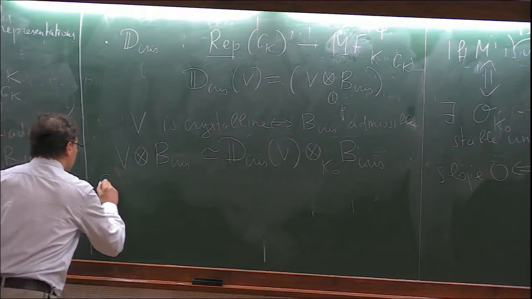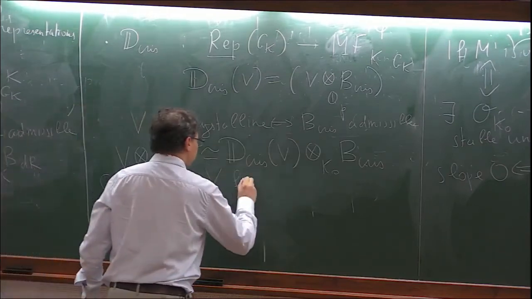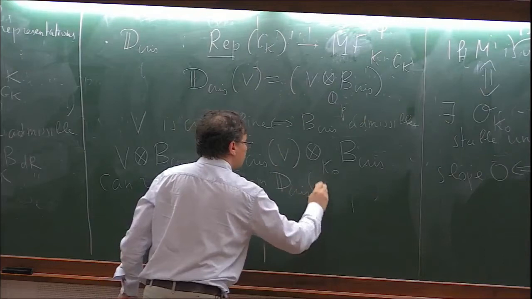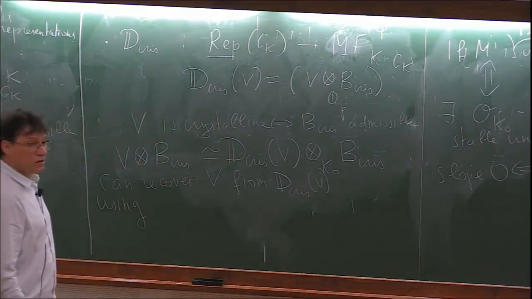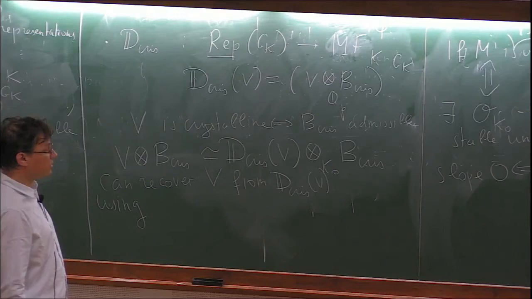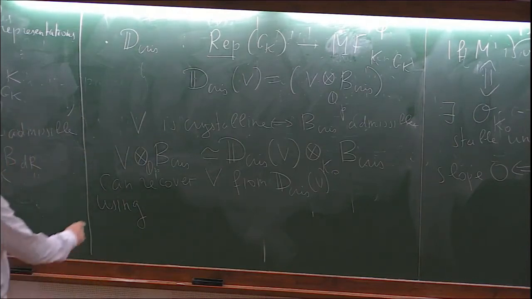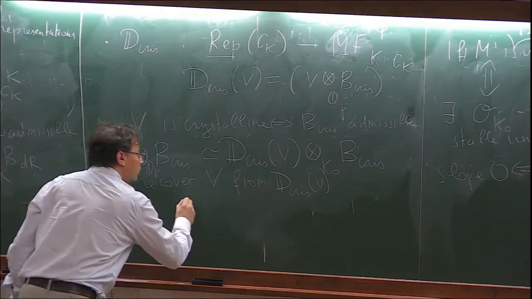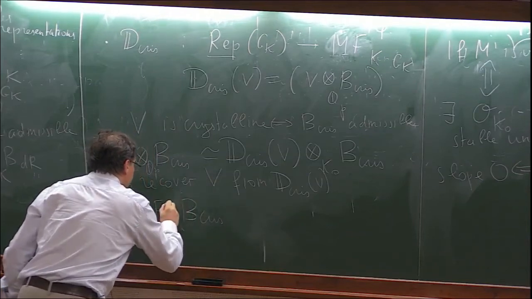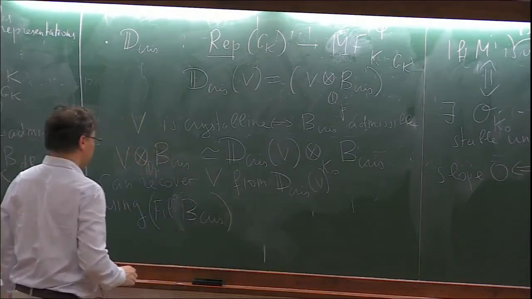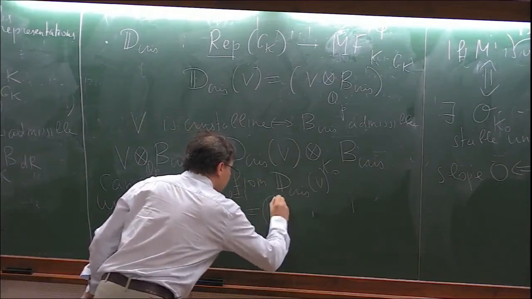Here we can recover V from D_cris of V, using the fact that the invariance of Fil^0 B_cris under the action of Frobenius is Q_p.